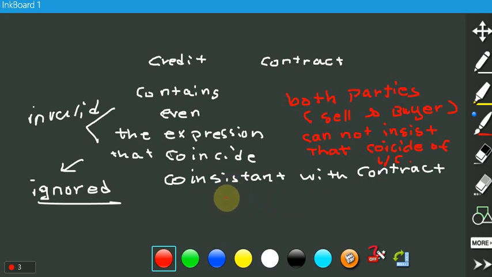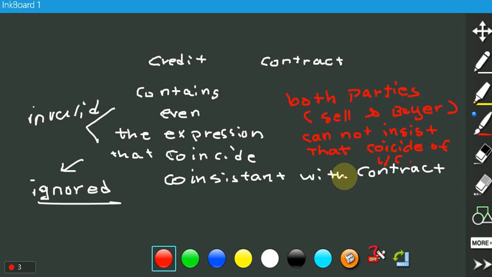So to avoid these complications, the letter of credit principle suggests that neither party, seller or buyer, can insist on coincidence between the letter of credit and the original contract. So this is one thing.